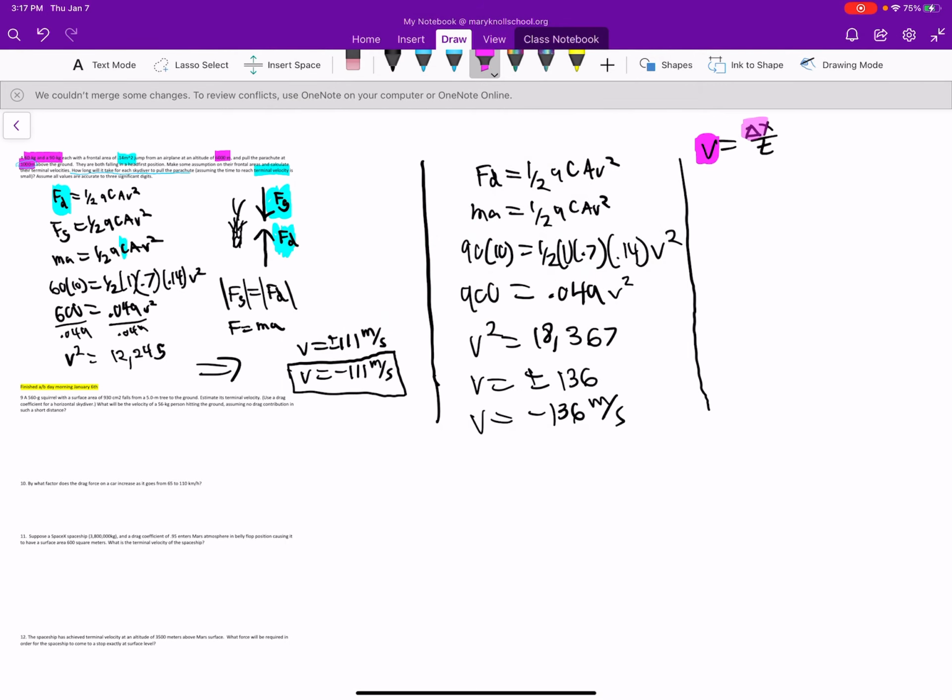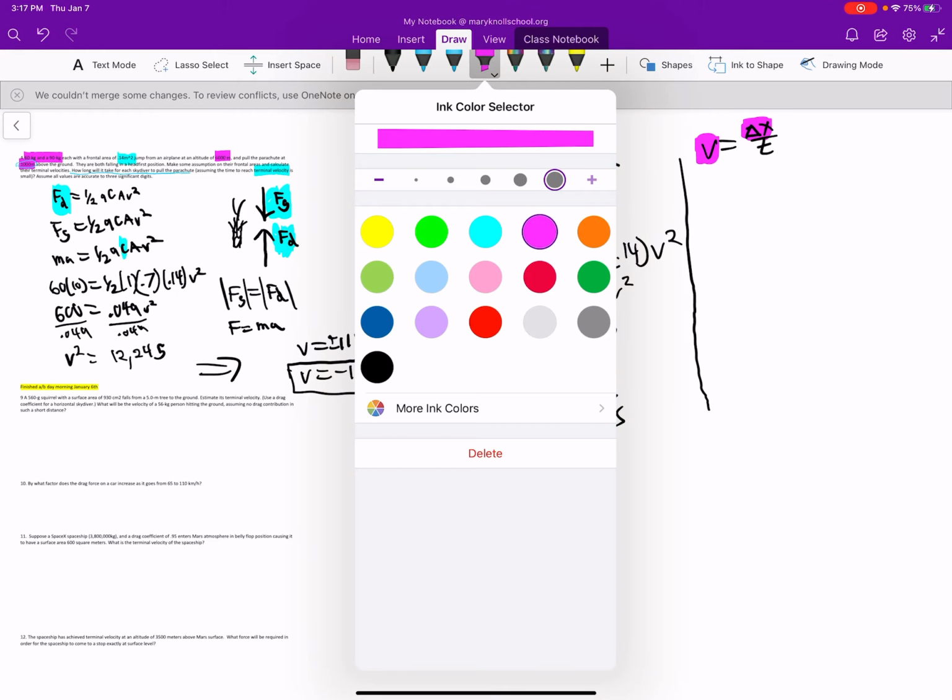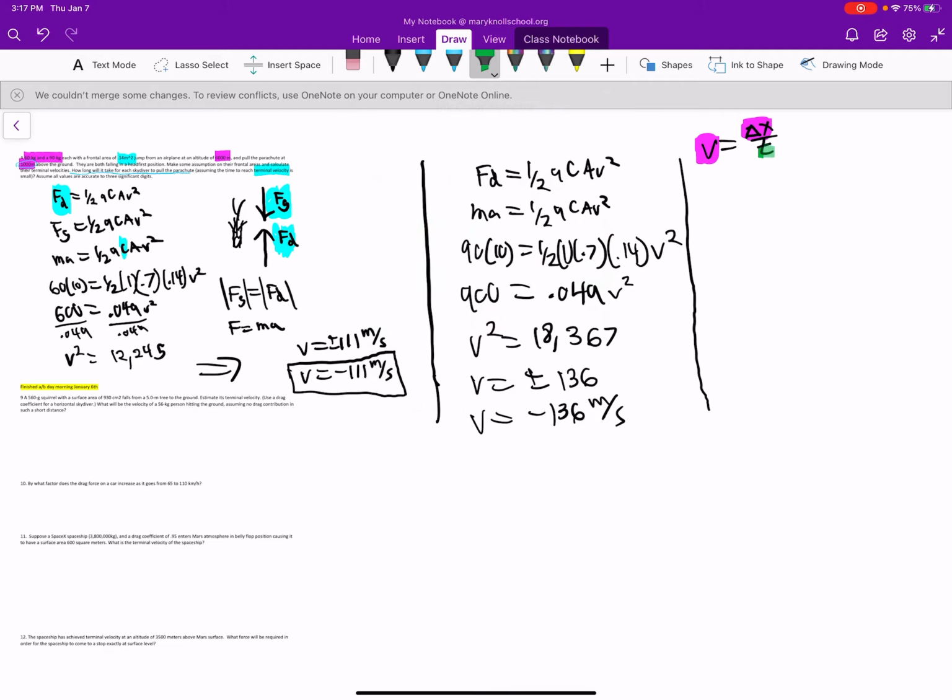We know the change in position, that's 5,000. And then that'll allow us to solve for the time, right? Now, I've already kind of made a mistake here just by the way I've been talking about this. All right, so for the first one, v equals change in position over time. So velocity is negative 111 equals change in position, which is 5,000, all over time.